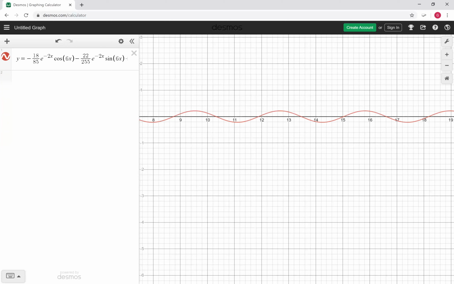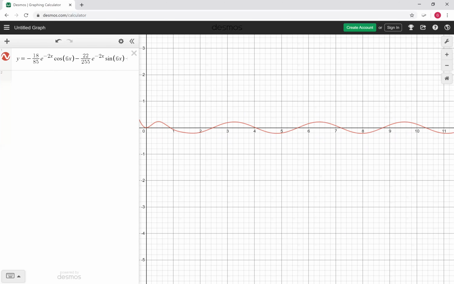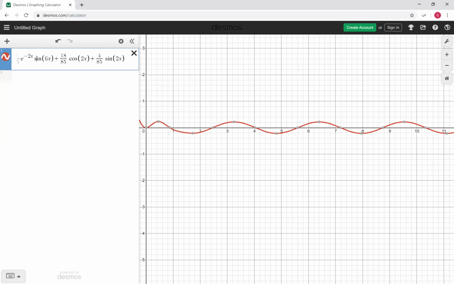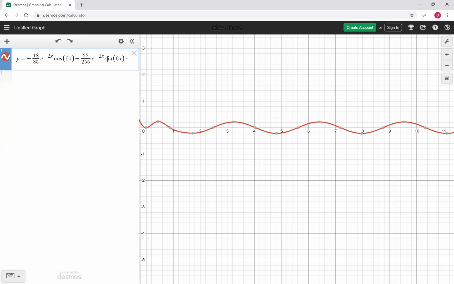So let me try to plot the transient solution. How can I choose everything? Oh, okay, lucky. Let me copy this one. Yes, it works.